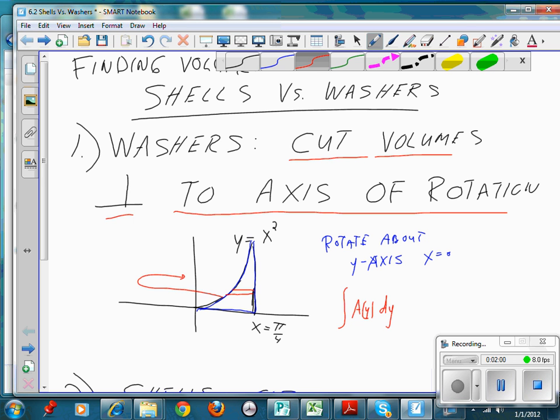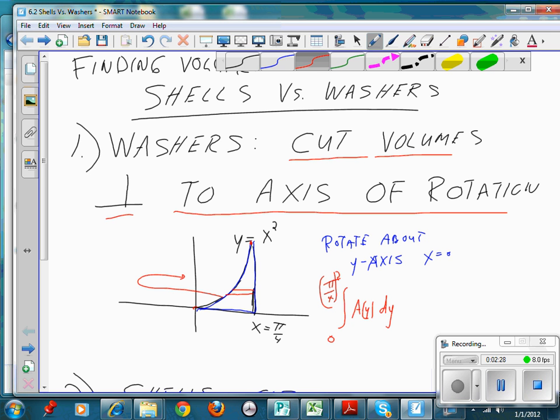dy from 0, it looks like, to, what's this point right there? That point is pi over 4 squared. Is that the easy way to do it? Again, why am I looking at this? Because for some problems, it's easy to use the washer method and hard to use the shell method.